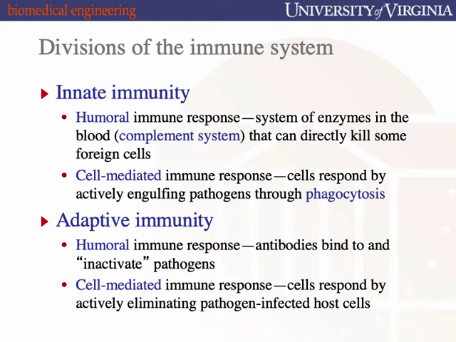All right, so again, the divisions of the immune system. Remember, we've divided them up in numerous ways. One is innate and the other acquired, right? Within both of those branches of immunity, you have a humoral or systemic, blood-driven response and a cell-mediated response. And in adaptive immunity, the humoral response is really going to be centered around the ability of our bodies to make antibodies that bind to and inactivate pathogens.